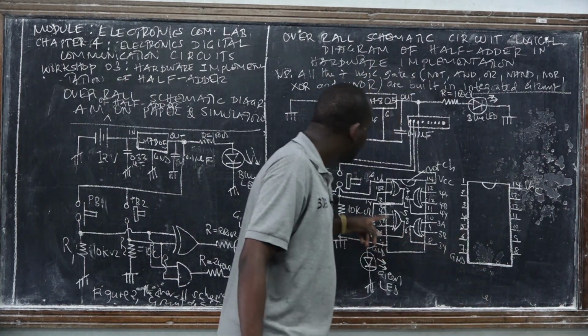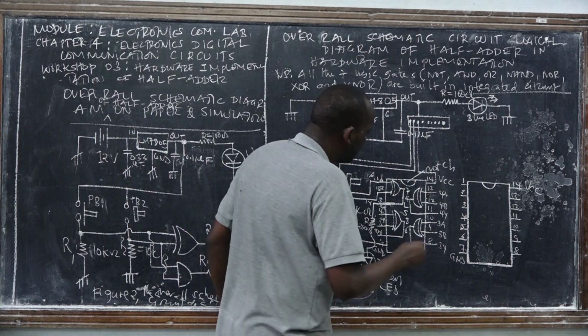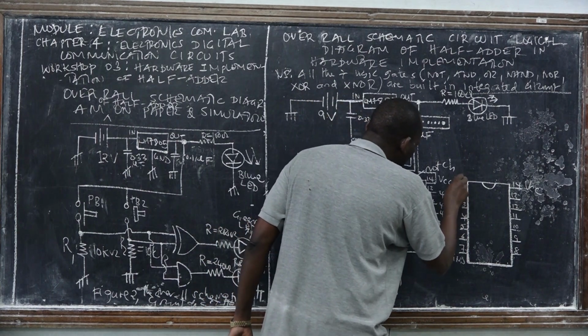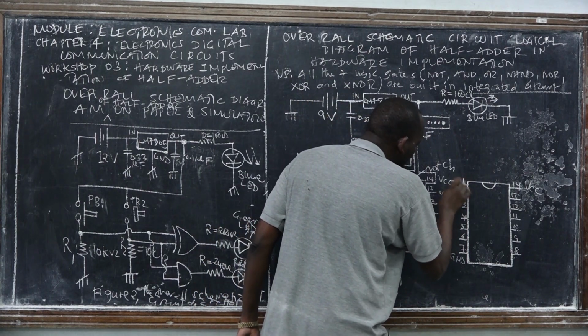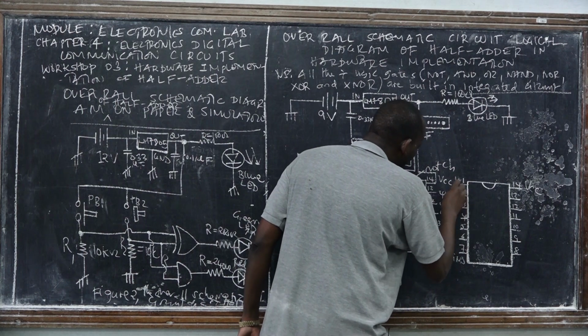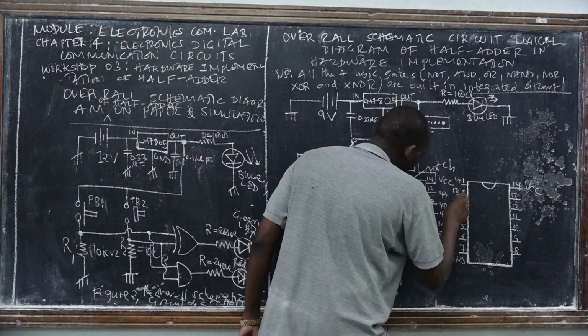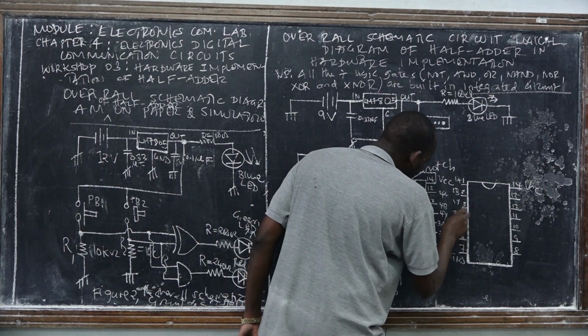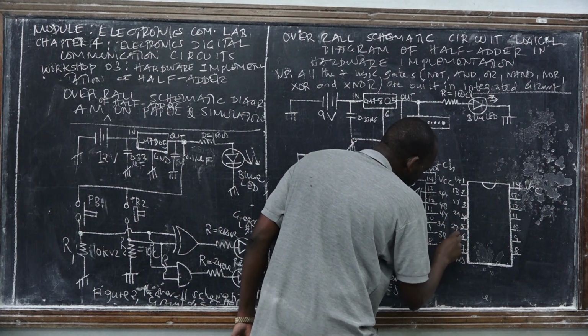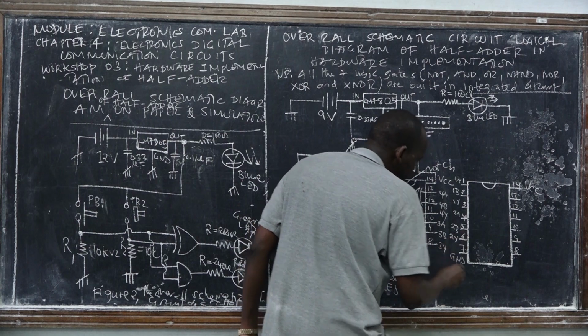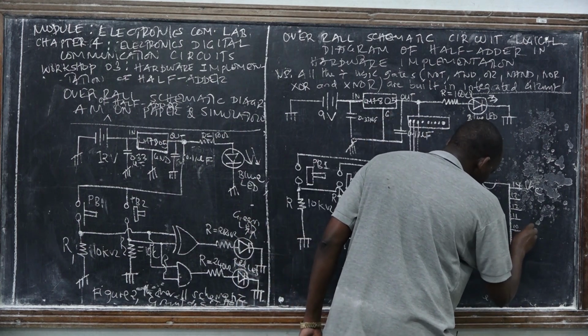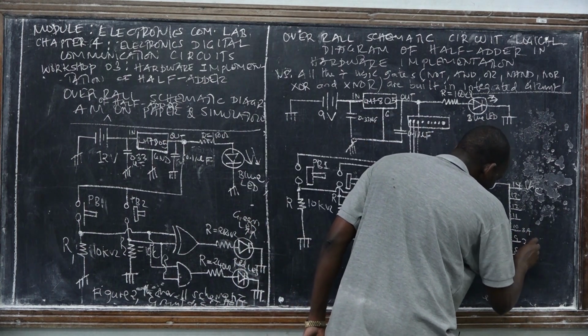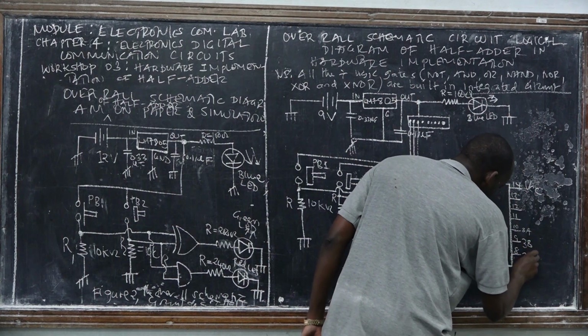Pin name is 1A. So 1A, 1B, 1Y, 2A, 2B, 2Y. Then for this one we call it 3A, 3B, 3Y.